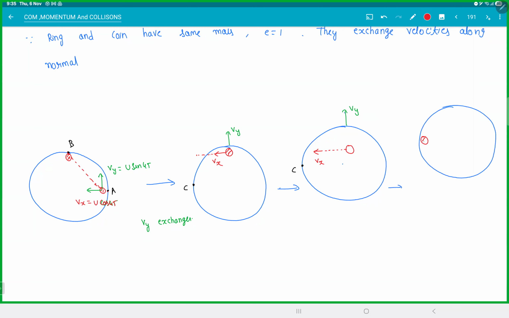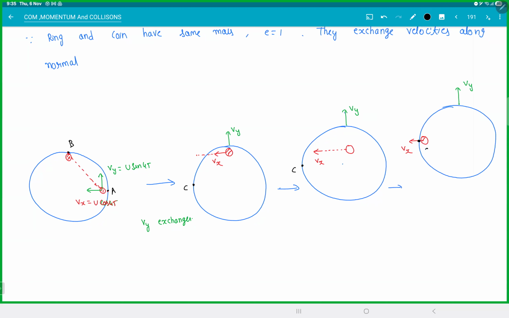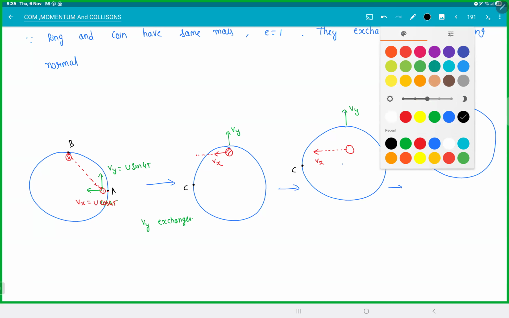Like this. So the coin will collide with the ring. Remember, the ring is still going with Vy. So now the collision will happen at point C. Are you getting how the motion will look? The ring is going up, the coin is going to the left, it will come and hit C. Then what will happen? Vx will get exchanged.